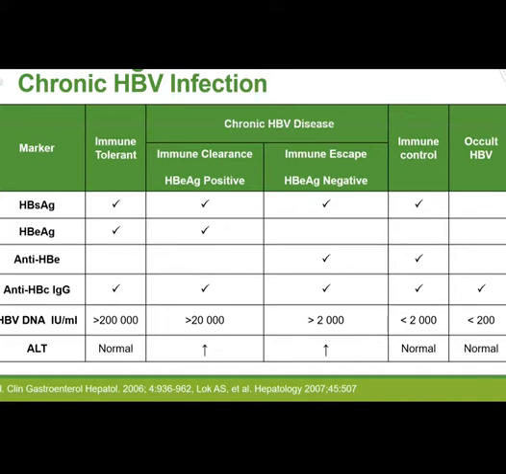These patients have high hepatitis B virus DNA, as you can see. The ALT is usually normal, and this is the stage in which there is minimal necroinflammation. So the immune response is also not aggressive, and it's unusual for spontaneous hepatitis B E antigen loss.